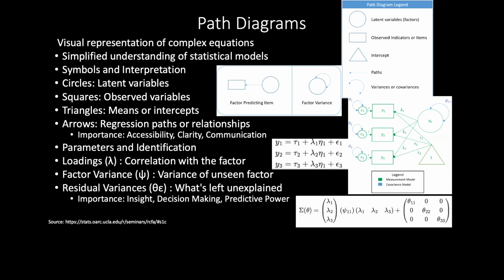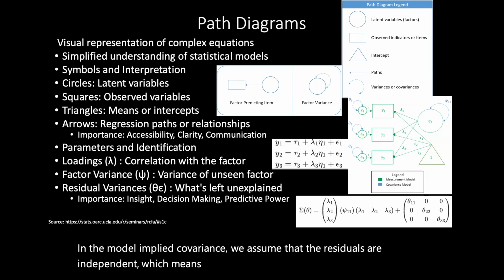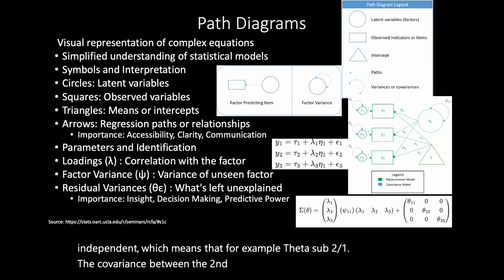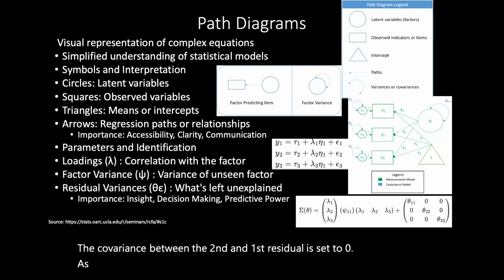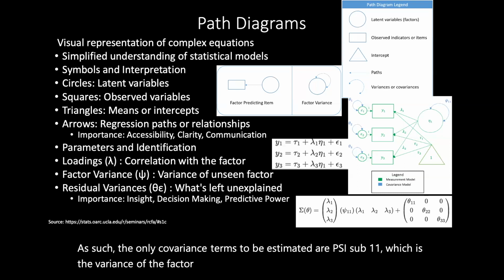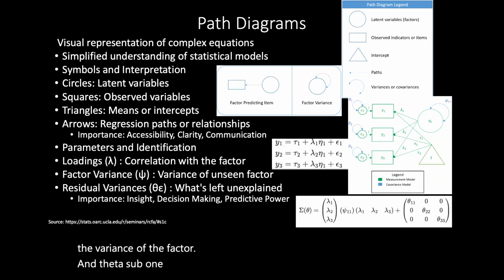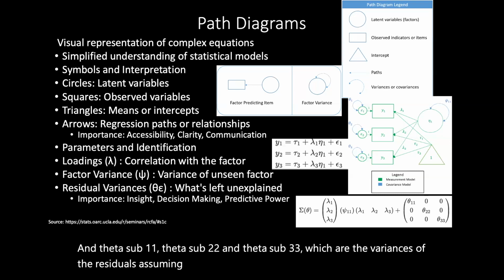In the model implied covariance, we assume that the residuals are independent, which means that, for example, theta sub 2,1, the covariance between the second and first residual, is set to 0. As such, the only covariance terms to be estimated are psi sub 1,1, which is the variance of the factor, and theta sub 1,1, theta sub 2,2, and theta sub 3,3, which are the variances of the residuals, assuming heteroscedastic variances.